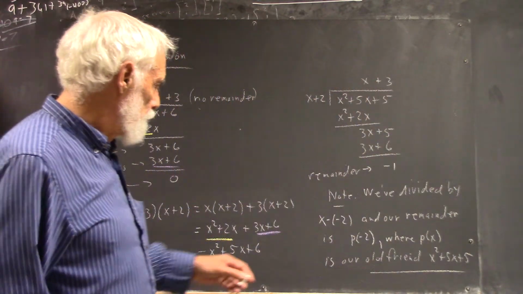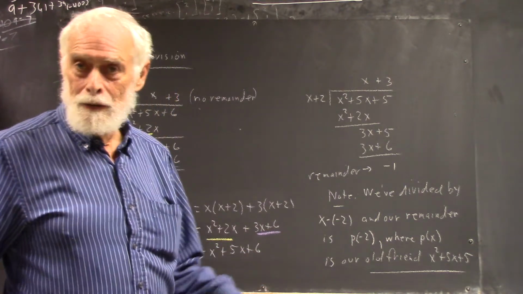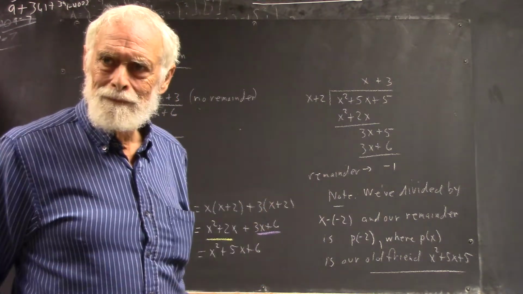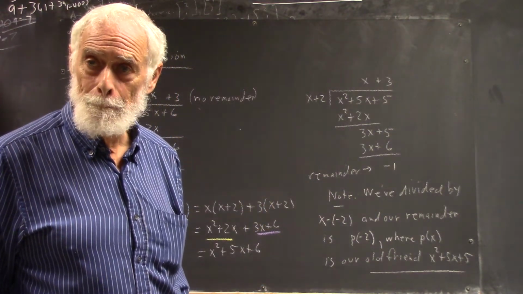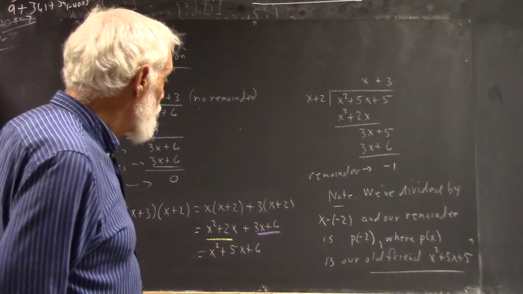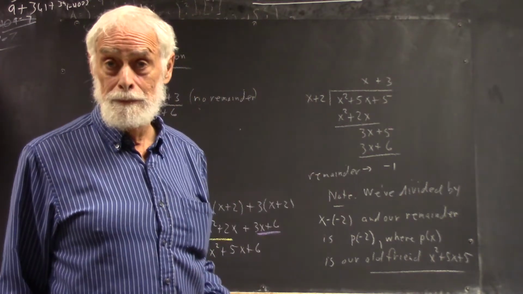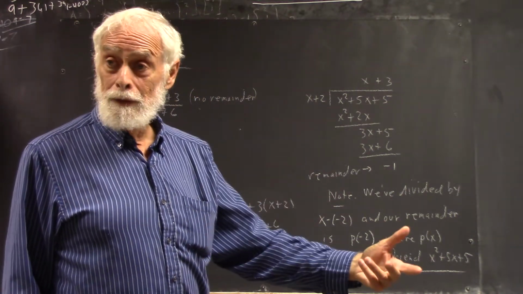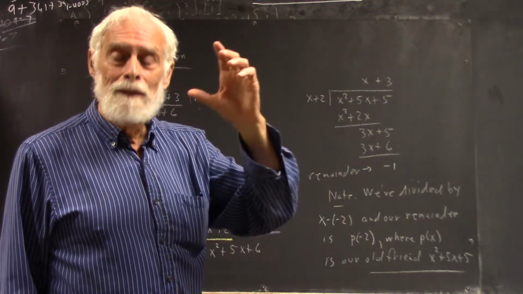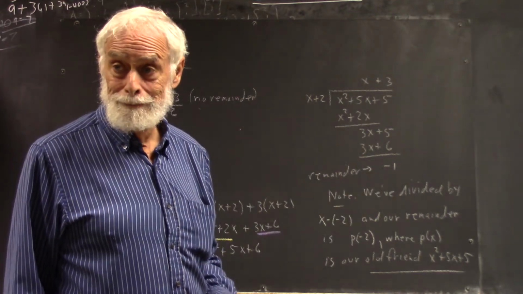That's our old friend x squared plus 5x plus 5, the one we were using to try to find the zeros of, right? Anytime you divide a polynomial by x minus a number, your remainder is going to be p of that number. Okay?